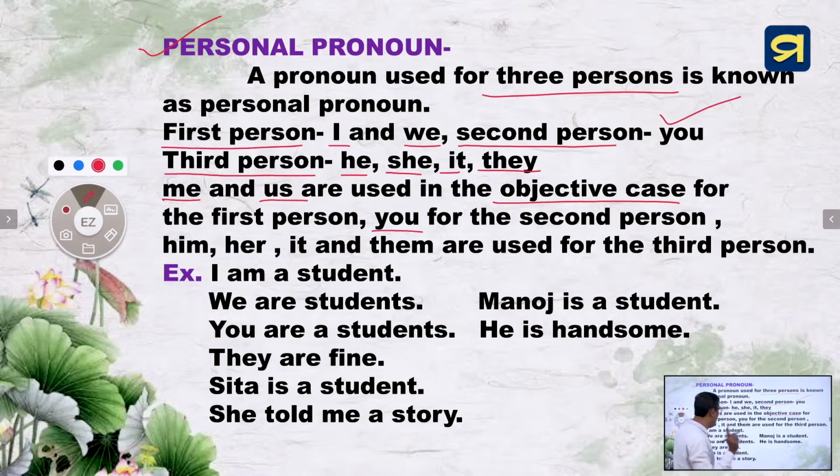For the third person, we use he, she, it, or they, and for the objective case, him for he, her for she, it for it, and them for they. These are the different pronouns we use for different persons.